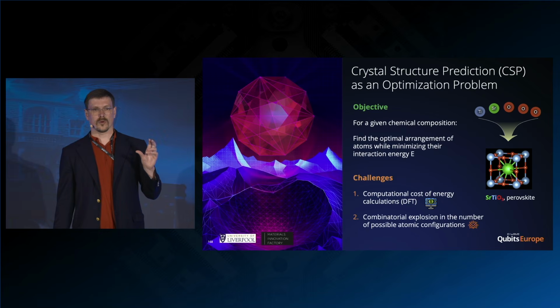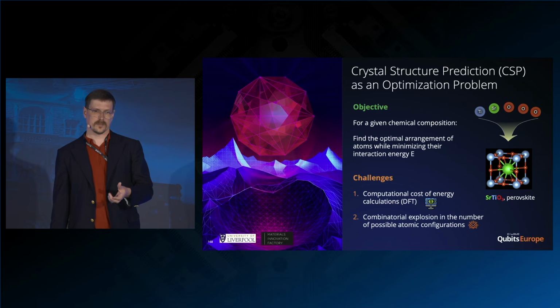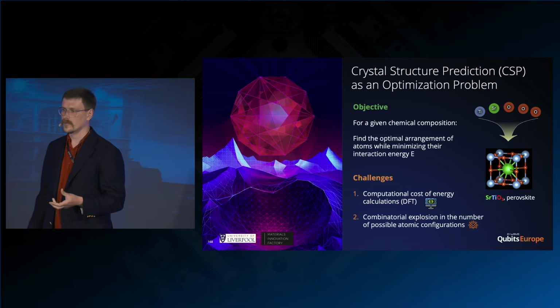And then the problem of predicting what kind of structure we would observe is actually an optimization problem, right? There are two main challenges here, right? The first one is how do you compute this energy? Because it is based on quantum mechanics, right? It's hard, and I'm pretty sure there are many people in this audience who know exactly how to do that and how quantum computers could help with that, right?